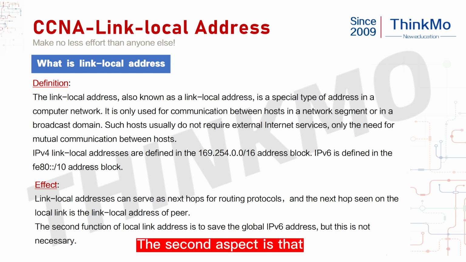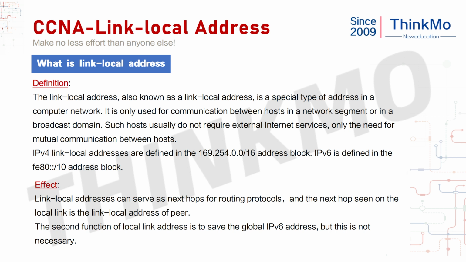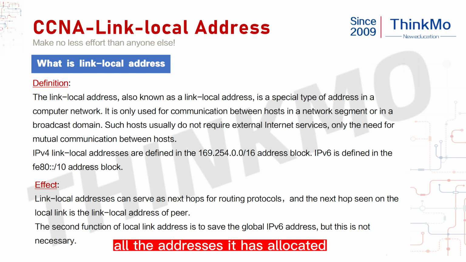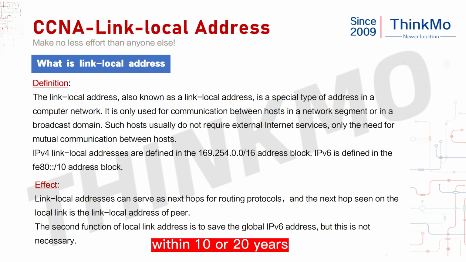The second aspect is that it can save global IPv6 addresses. That is not really necessary, because IPv6 has not used up all the addresses it has allocated. Within 10 or 20 years, IPv6 addresses may not be used up. So it doesn't do that much.